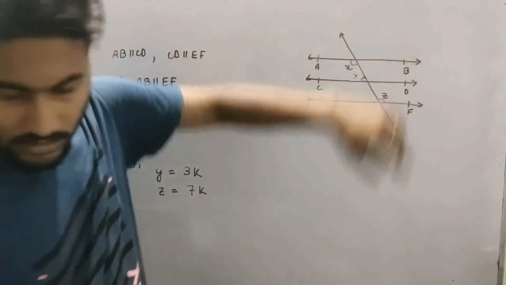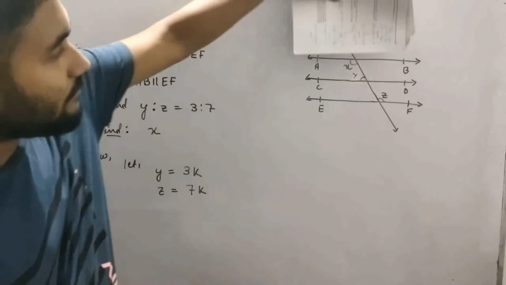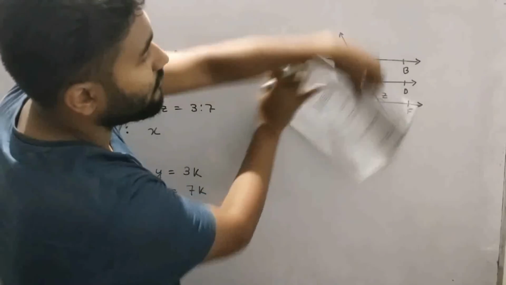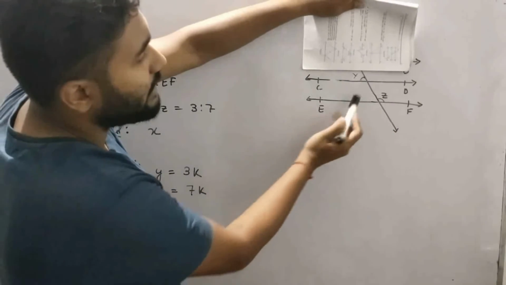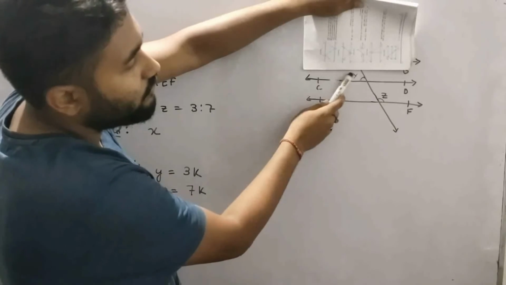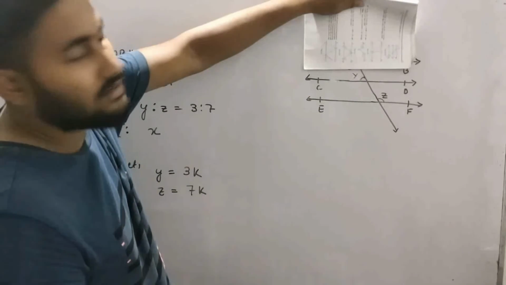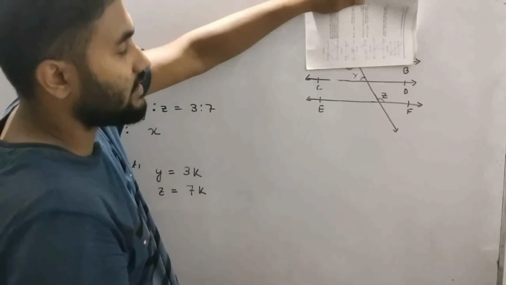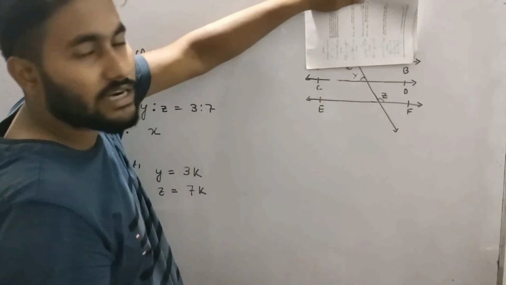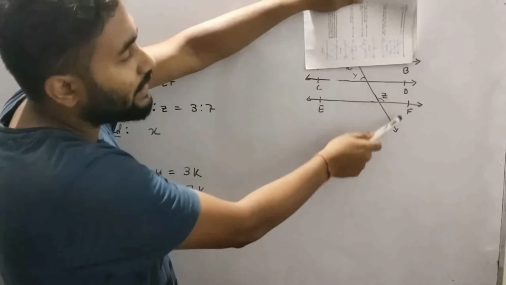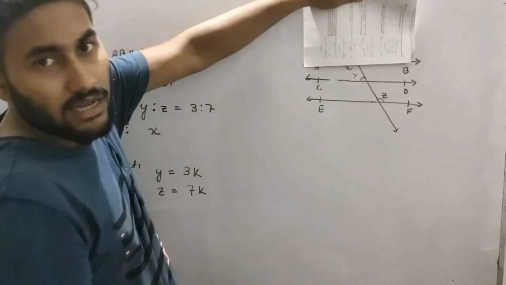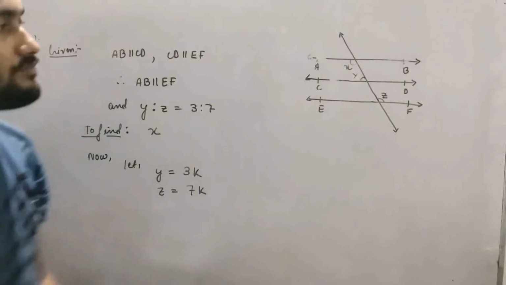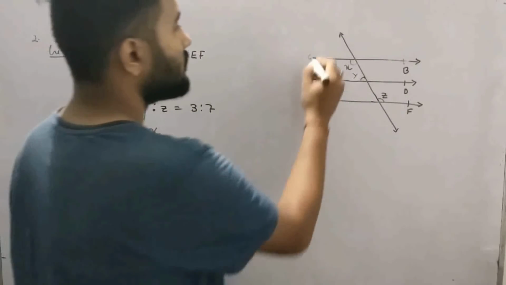Hide this line. If you hide this line, then you will see that y is an exterior angle, but z is not an exterior angle. Z is an interior angle. So y cannot be alternate to z. Y will be alternate to this angle, but not z. Understood? You see, y is exterior, but z is interior.